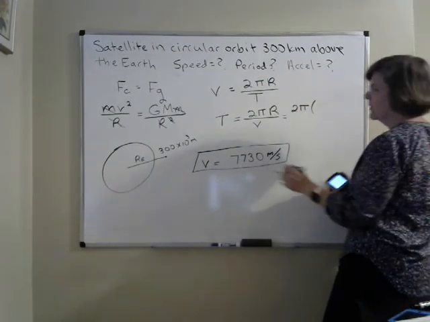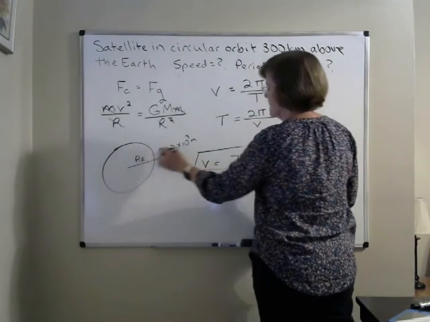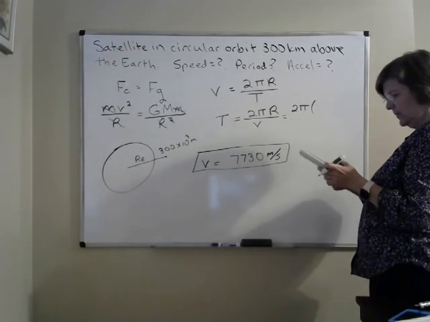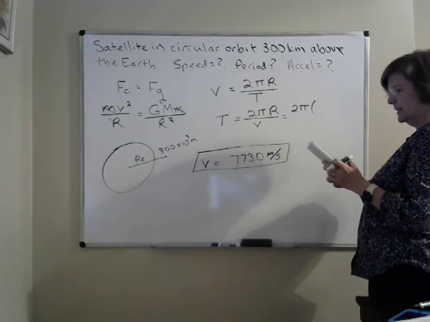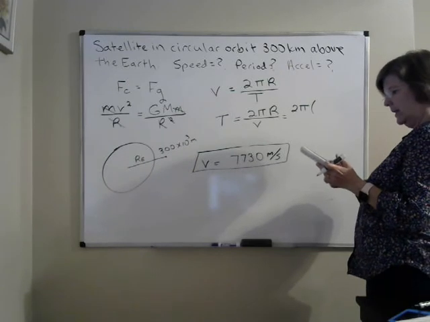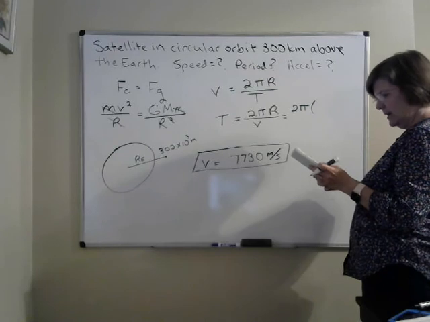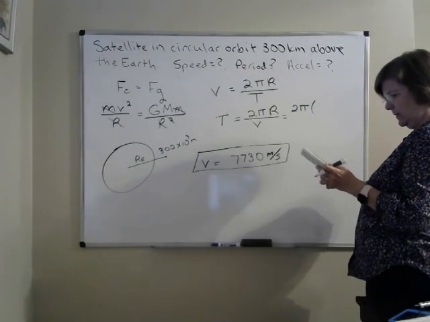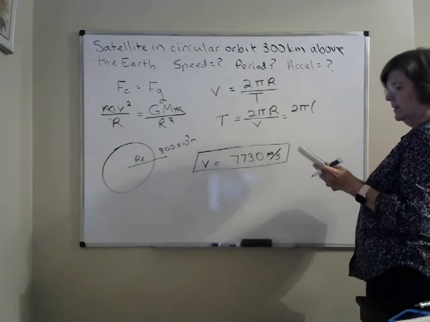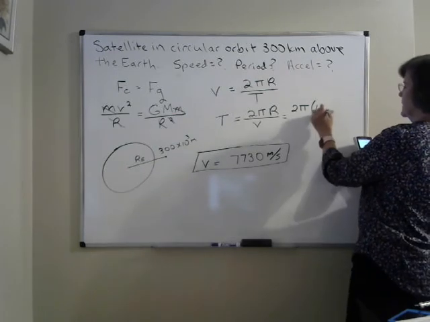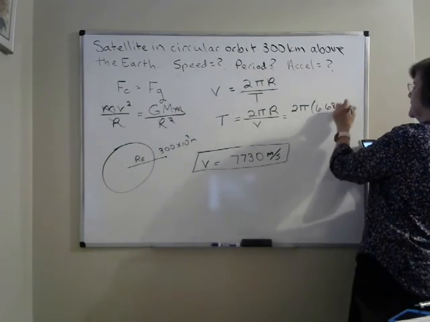Remember, r is going to be the radius of the Earth, 6.38 times 10 to the 6th, plus 300 kilometers, so 300 times 10 to the 3rd. So my radius is 6.68 times 10 to the 6th.